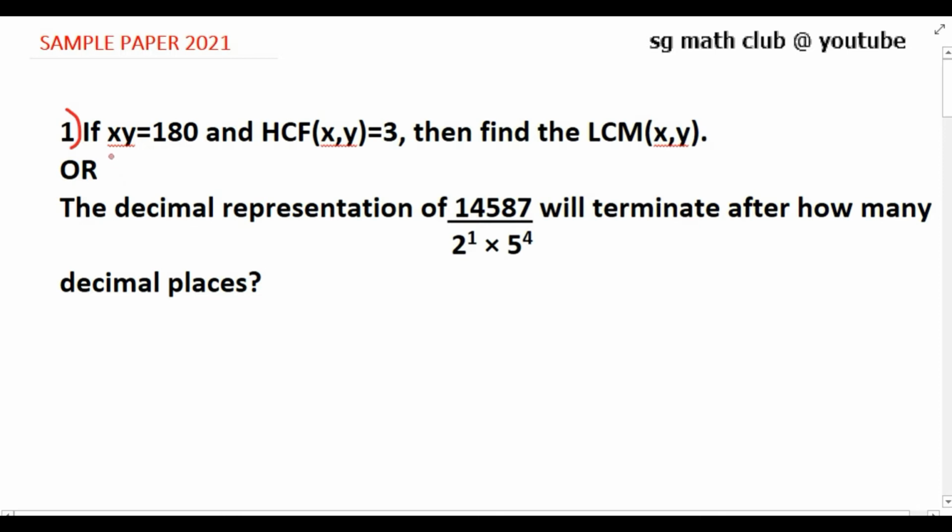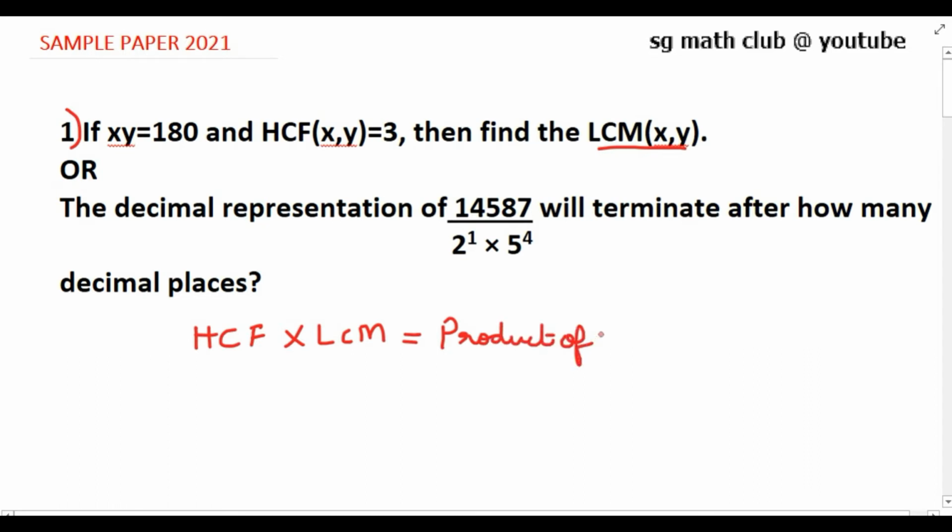If xy means the product of 2 numbers, the product of the 2 numbers is 180 and the HCF of those 2 numbers is 3. You need to find the LCM of these 2 numbers. We know the relation: HCF into LCM is equal to the product of those 2 numbers.